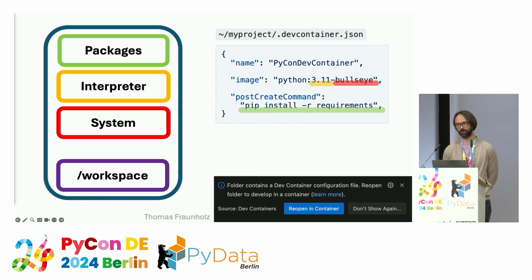And that's really one big benefit compared to documentation, which can have discrepancies. So please, when you use dev containers, put it also in your repository. Make a git add. It's not just for development, it's also for documentation in my point of view.